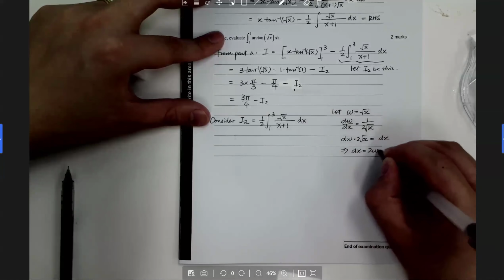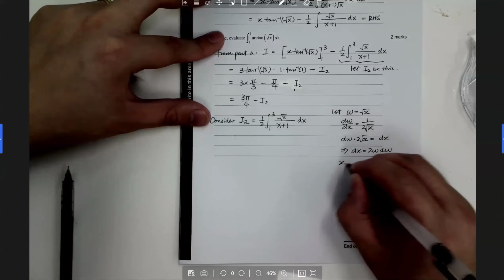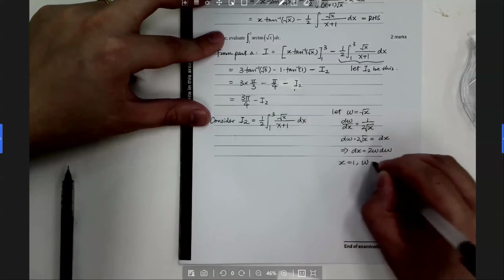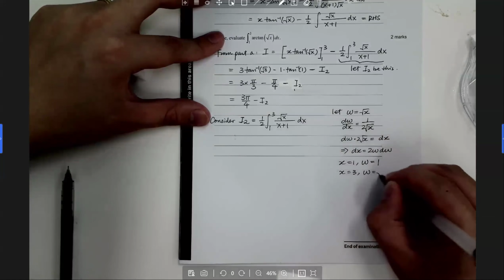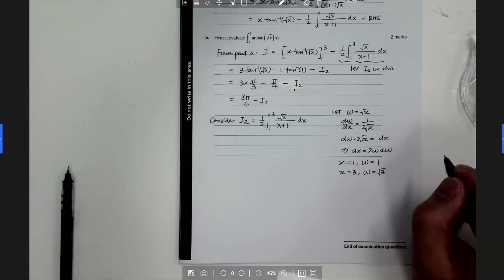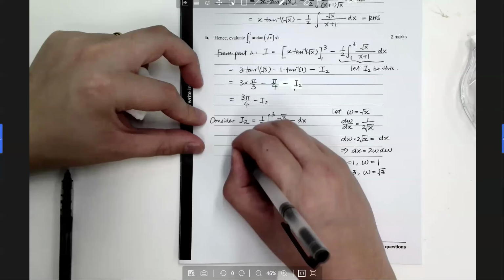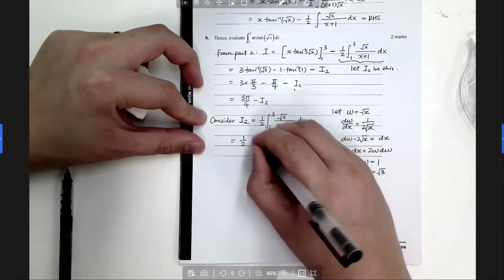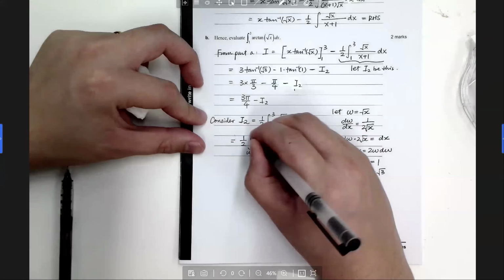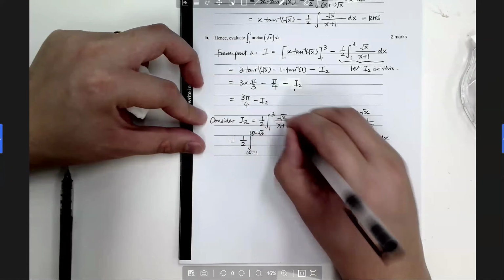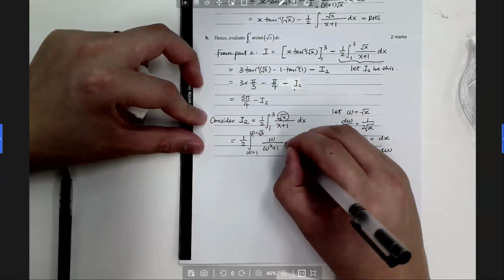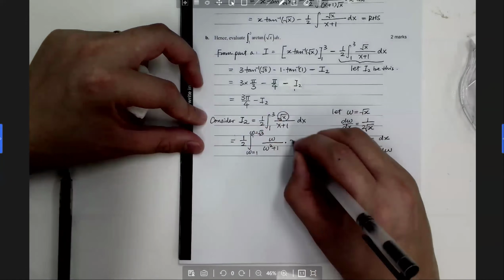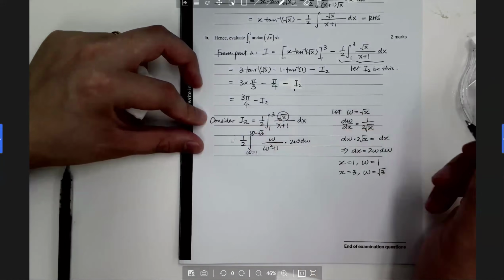So 2w dw. If x equals 1, my w equals 1. If my x equals 3, my w equals square root of 3, something along this line. Okay? And then I can just calculate everything like a half. This is w equals 1, w equals root 3. This is my w divided by w squared plus 1 times 2w dw, okay?